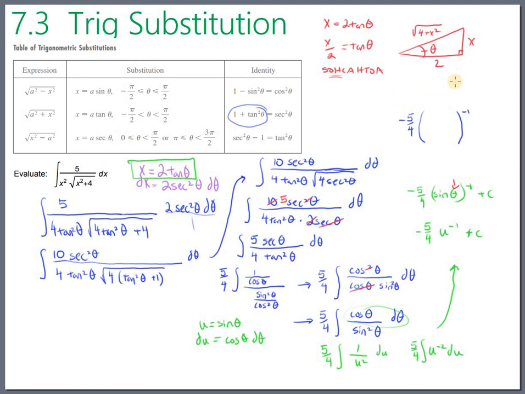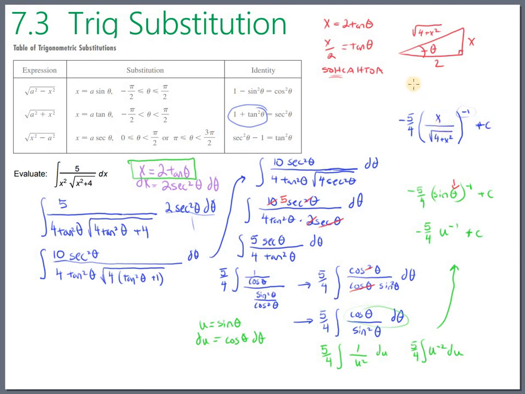Sine of theta is opposite over hypotenuse. Plus c. And we are finally done. Actually, this -1 exponent here means I should probably just flip this fraction and get rid of that -1 exponent. So I think that would probably be your very last step.